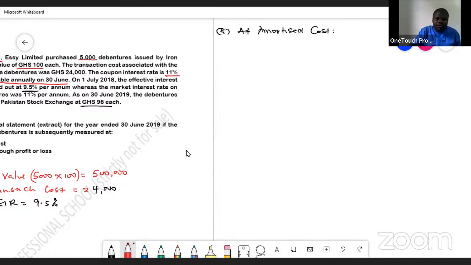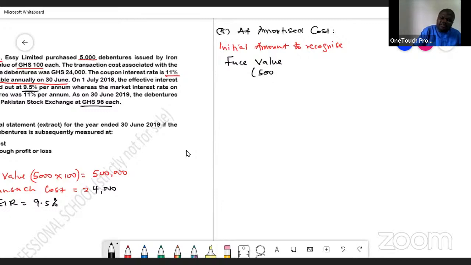Initial amount to recognize. The initial amount to recognize will be the face value, which is 5,000 times 100, giving us 500,000.